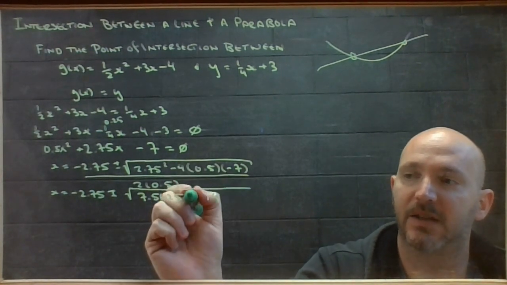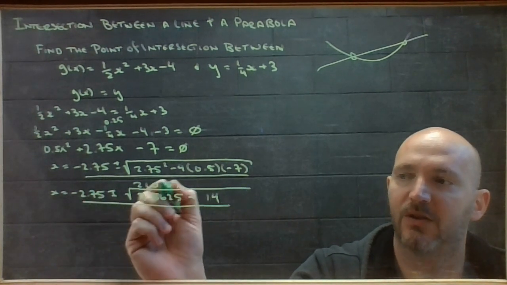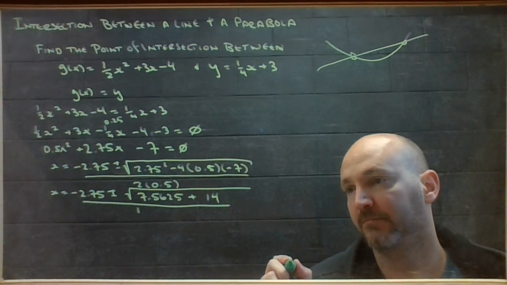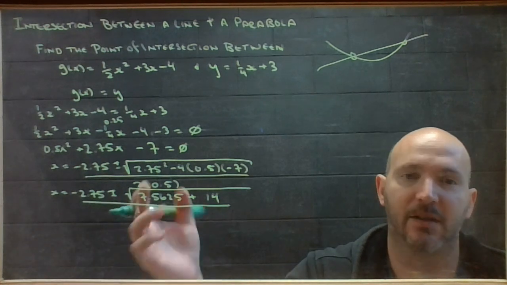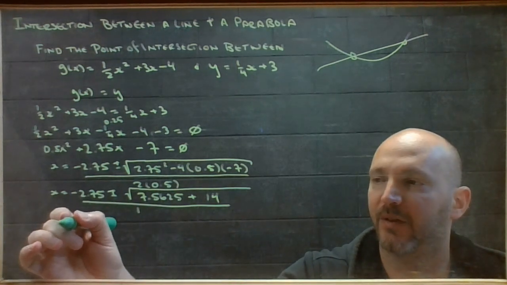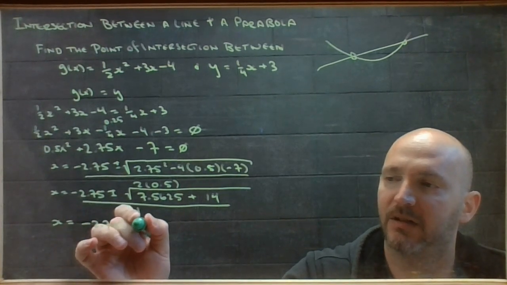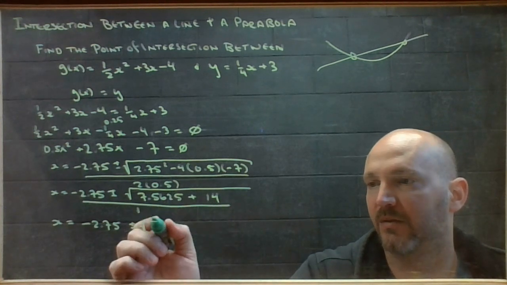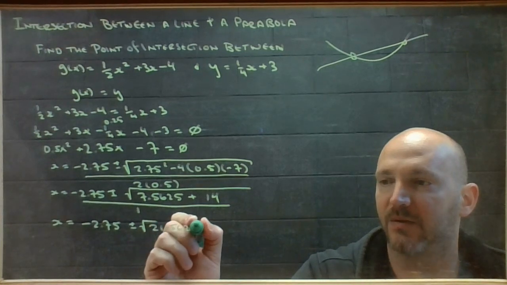And a negative times a negative is a positive. 2 times 0.5 is 1. So I really don't need this whole division because division by 1 isn't going to change anything. So my x value is negative 2.75 plus or minus the square root of this plus this, which would be 21.5625.